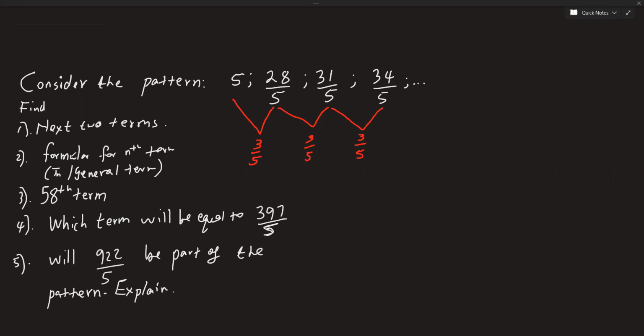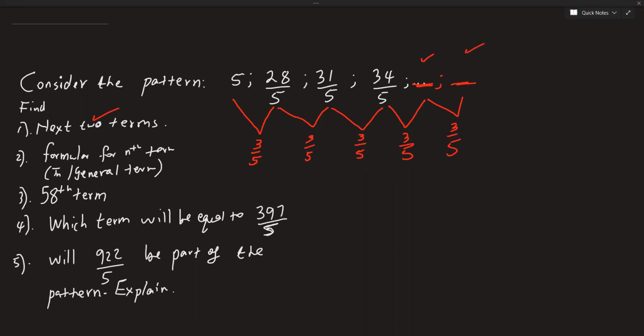The first question: they want us to find the next two terms, this term and that term. If I add 3 over 5 to this term, it gives me that term, and if I add 3 over 5 to that term, it gives me this term.